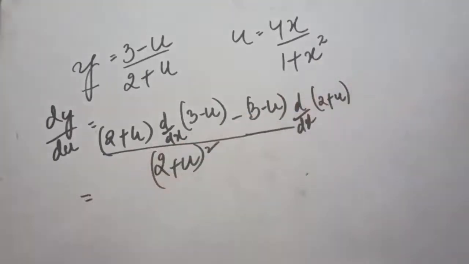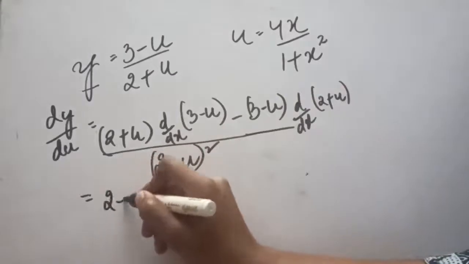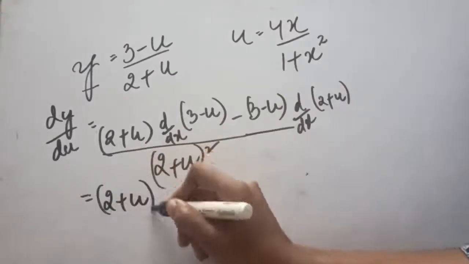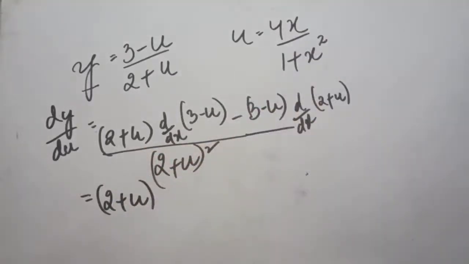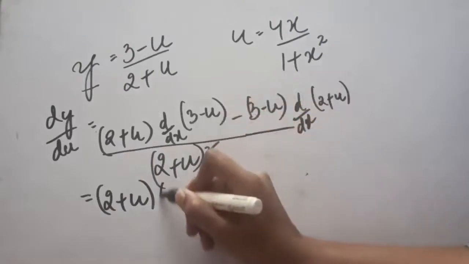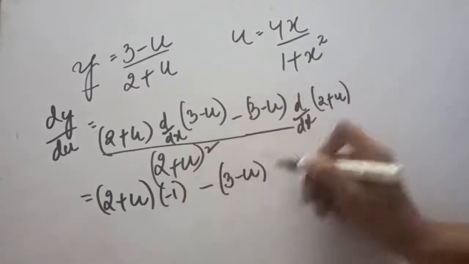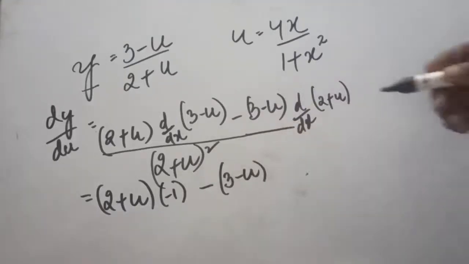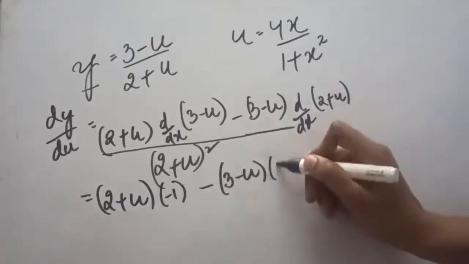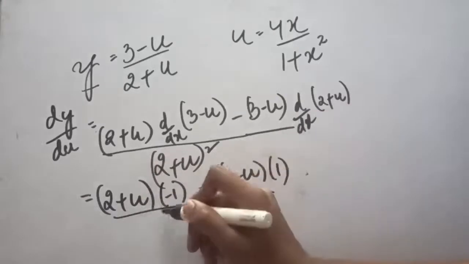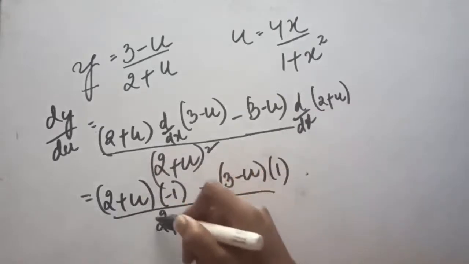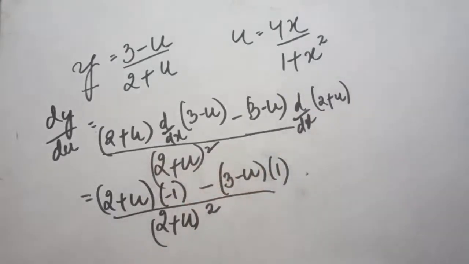So if we solve this, it will be the same 2 plus u, and the derivative of 3 minus u will be 0 minus 1, that is minus 1, minus 3 minus u, derivative of 2 plus u will be 0 plus 1, so it will be positive 1. So below it will be 2 plus u square.